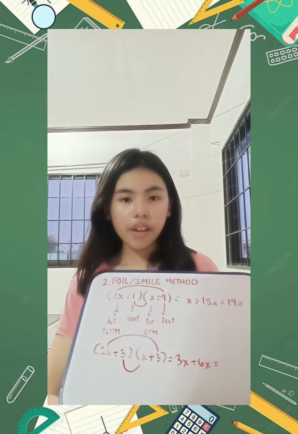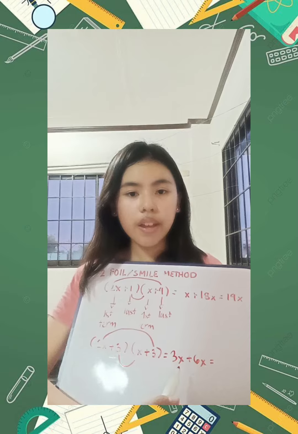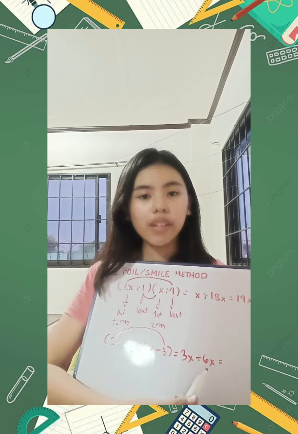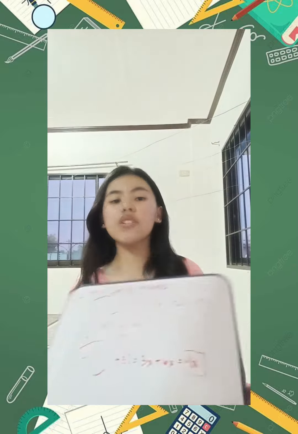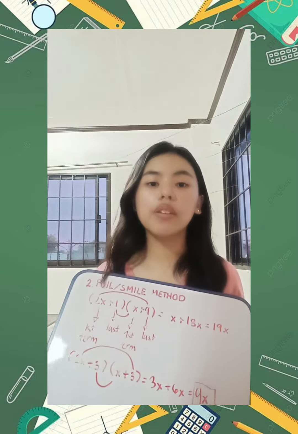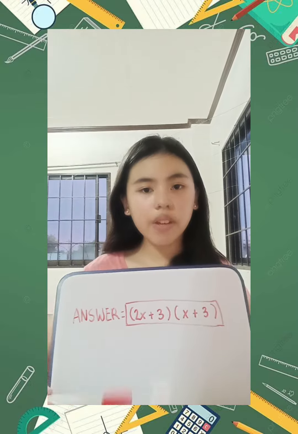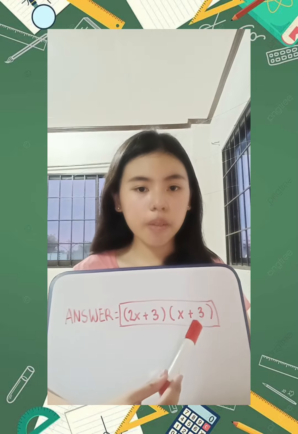Here, now we have 3x, which is the inner, and 6x, which is the outer. And now we add, which we will get 9x, which is equivalent to the middle term of the general trinomial given. And now we have the answer, which is 2x plus 3 and x plus 3.